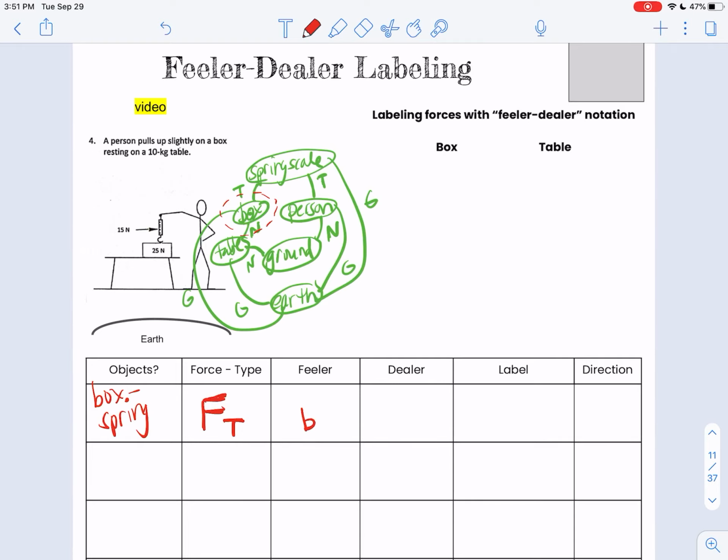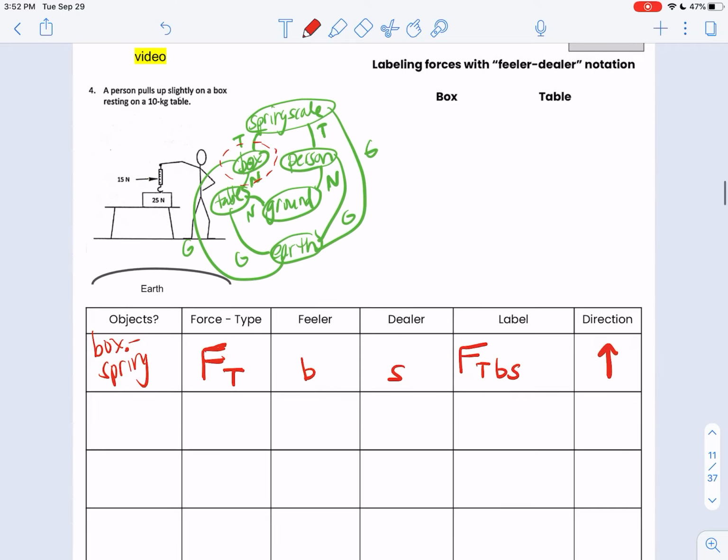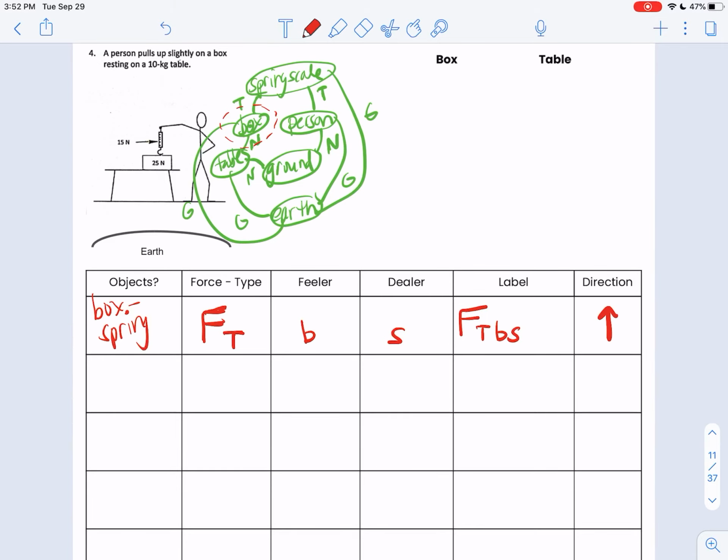In this case, the box is the feeler, and the spring scale is the dealer. The feeler is the object that you're making the force diagram of. You always want to draw force or free body diagrams on the object. So we're going to label this force tension on the box from the spring scale, and the box feels it upward.